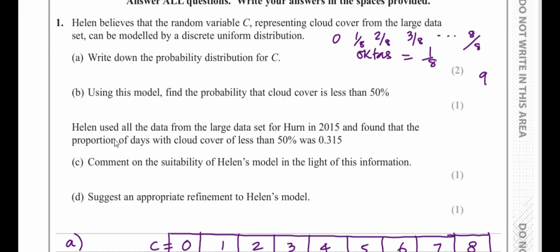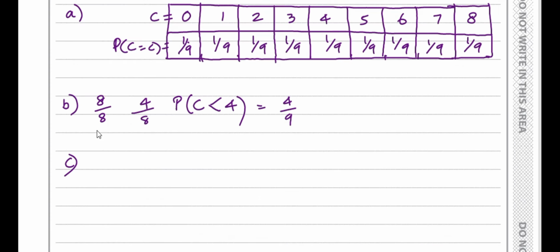Part C. Helen used all the data from the large data set for Heathrow in 2015 and found that the proportion of days with cloud cover of less than 50% was 0.315. Comment on the suitability of Helen's model in the light of this information. This is actually requiring a comment on the model.